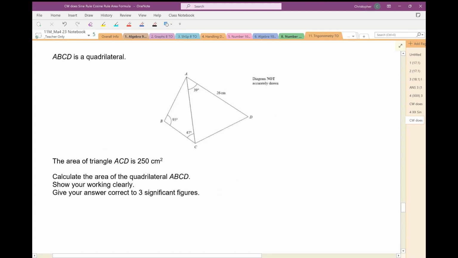Okay, question 7. Right, so ABCD is a quadrilateral. Let's have a look. ABCD, yes, ABCD is a quadrilateral. It's the whole thing. The area of ACD, so that's the area of this bit here, is 250.